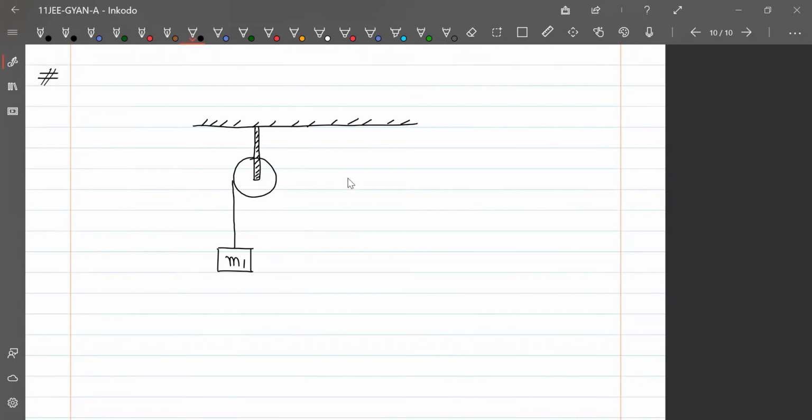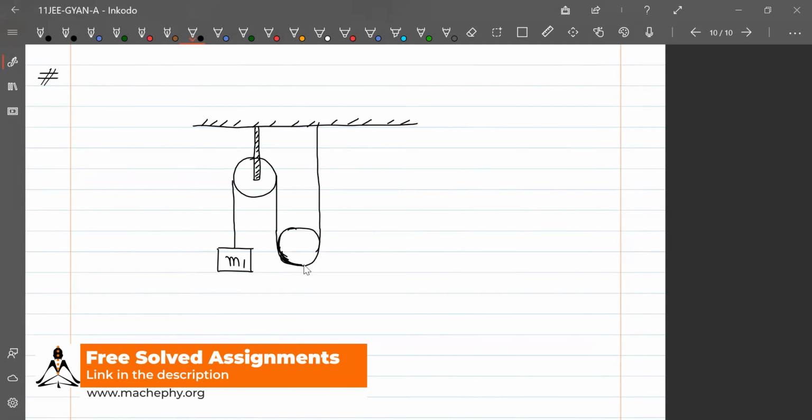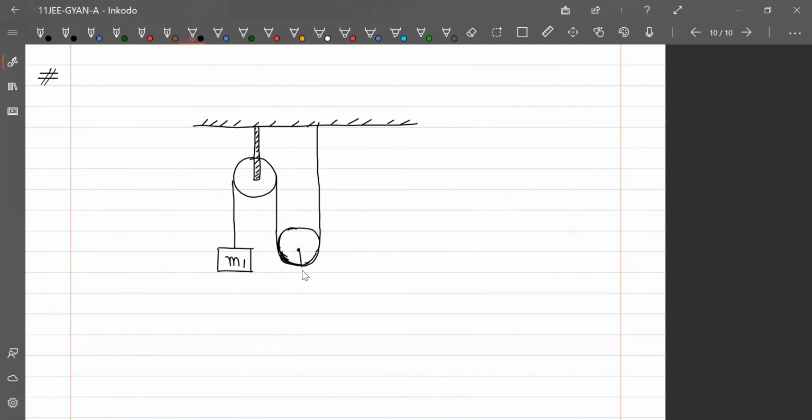And we have the second pulley. Second pulley can be moved. So the rope is a single rope, second pulley can move. You can imagine the motion. M1 नीचे जाएगा तो ये pulley ऊपर जाएगा. And from the second pulley there is a second block attached.